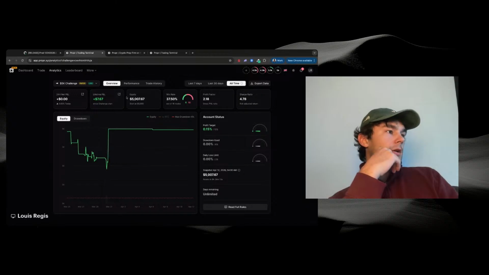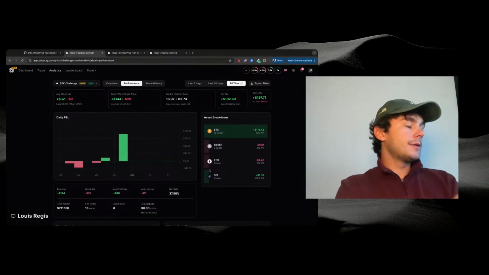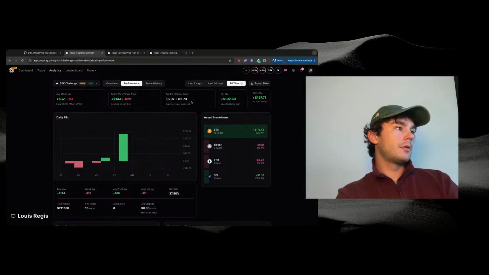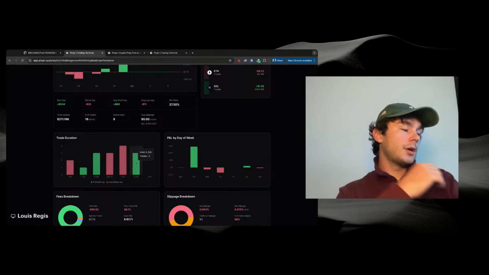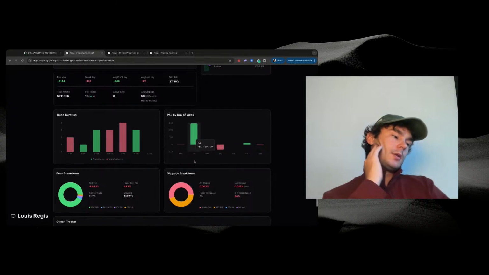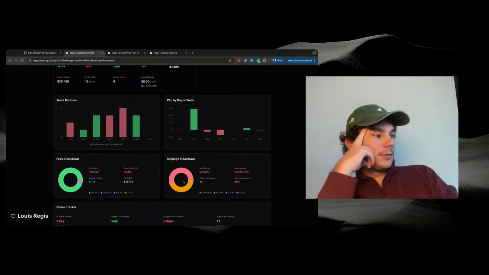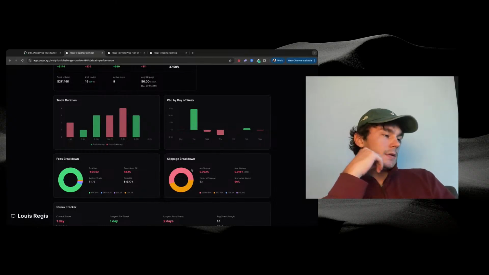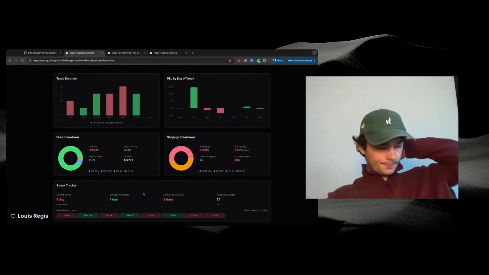You can check your daily performance stats with your chart, your trade duration, the P&L of the week. You can also check the fee breakdown, the slippage breakdown, which I think is honestly pretty cool. You have a streak tracker.